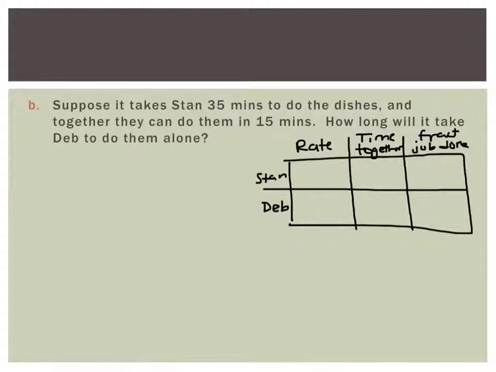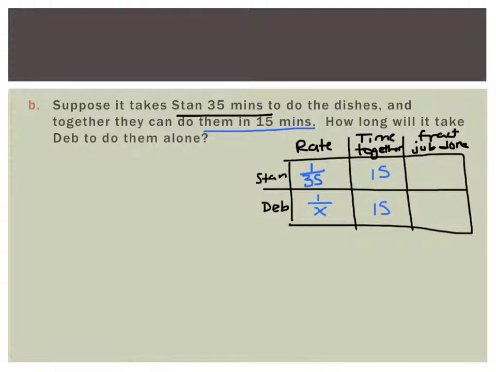Okay, so it takes Stan 35 minutes by himself. So the rate is going to be 1 out of 35. And we want to know how long it will take Deb to do it by herself. Well, we don't know, so her rate is 1 over x. It takes them 15 minutes to do the job together, so that's going to be 15.